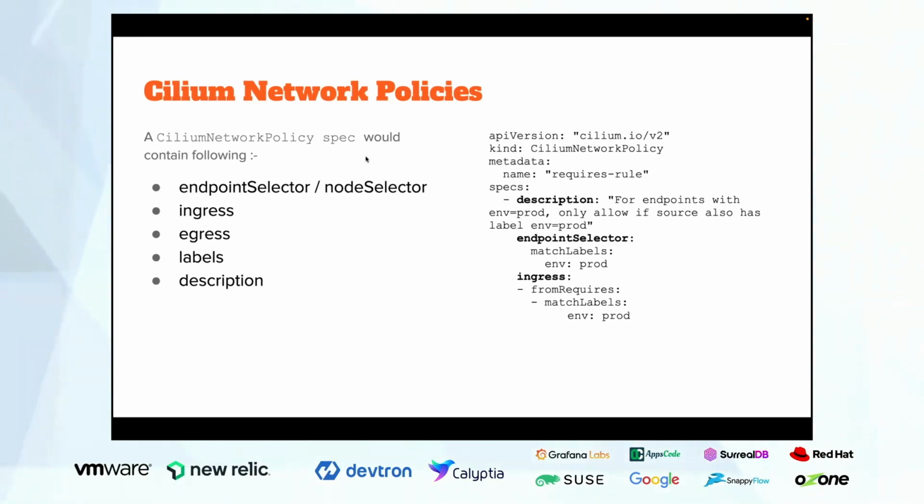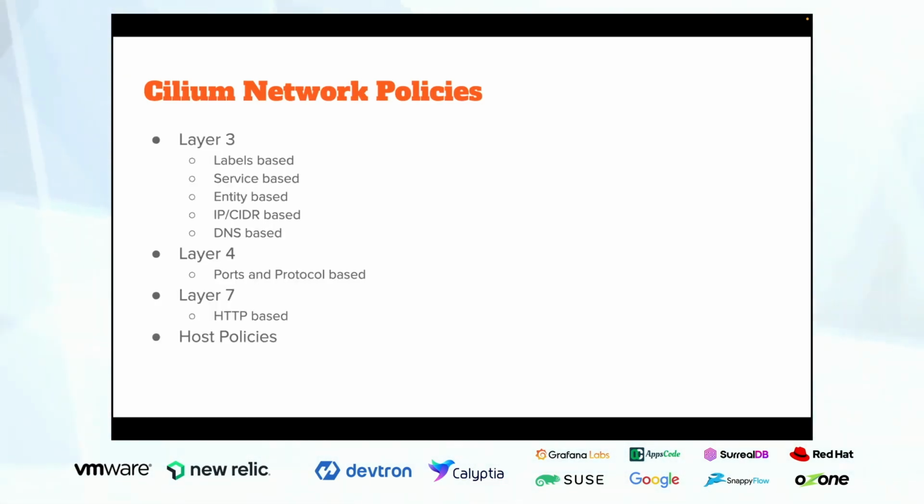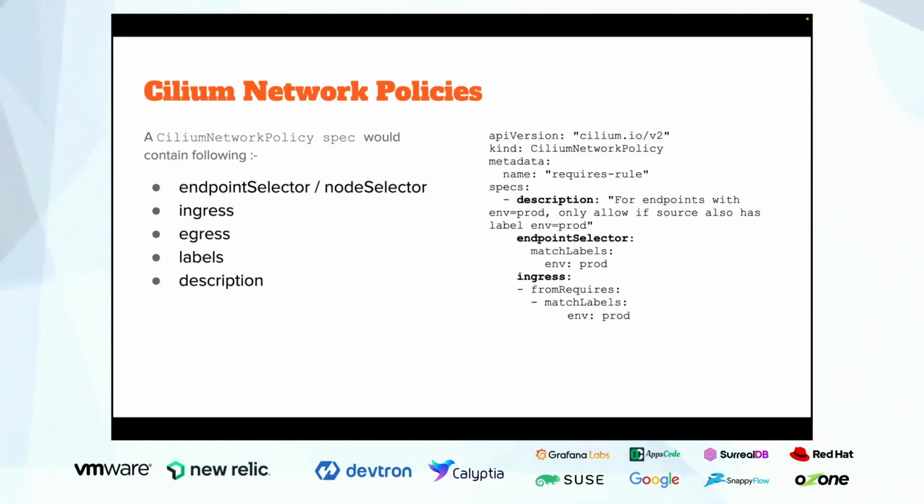In any of these policies, you can expect the endpoint selector and the node selector. In this particular policy, I'm giving the spec. In the spec, I can define a description, endpoint selector, and ingress or egress. Then of course, I'll talk about labels and the other things as well. So this is a sample policy which I have given here, and then we look at some of these policies hands-on.